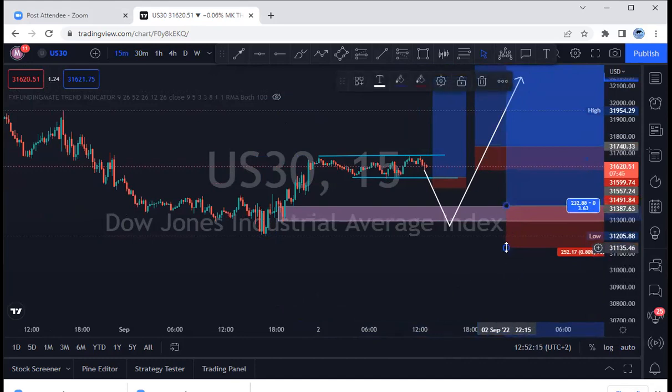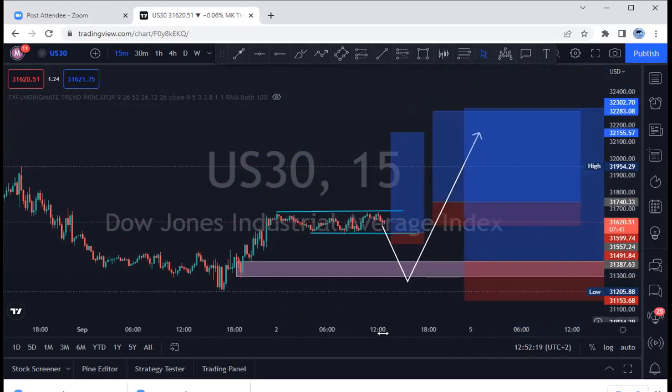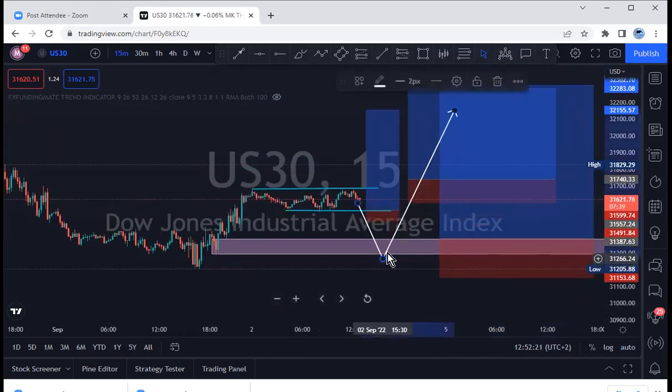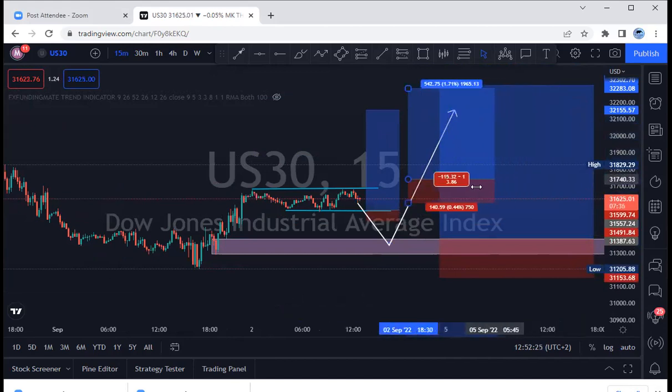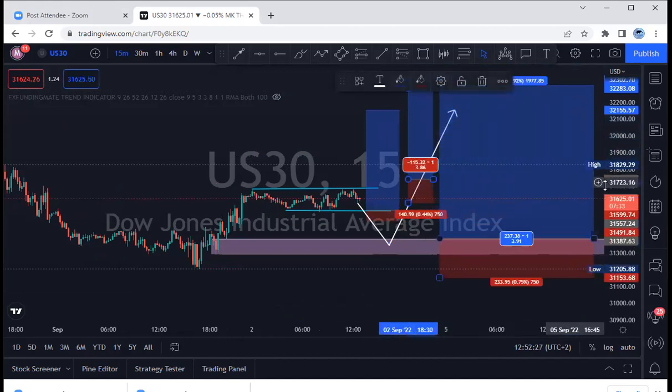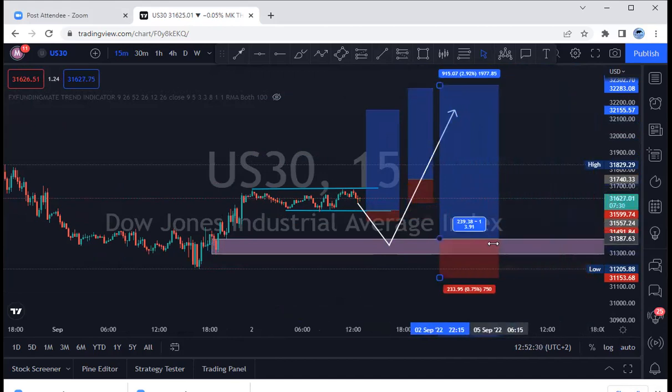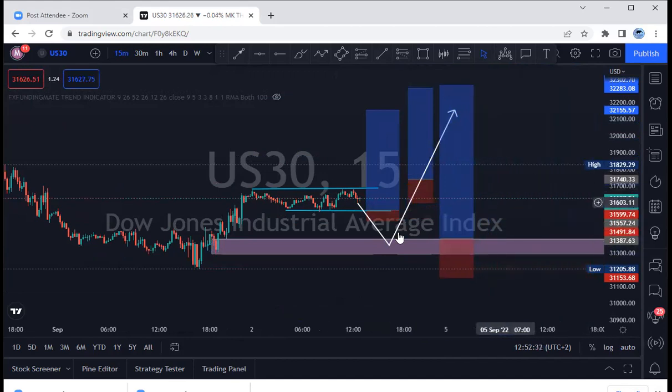For the safest stop loss, at least below this low here. So it's going to be something like this, when it tests this flag here to the upside and then a breakout, and then when it comes down.